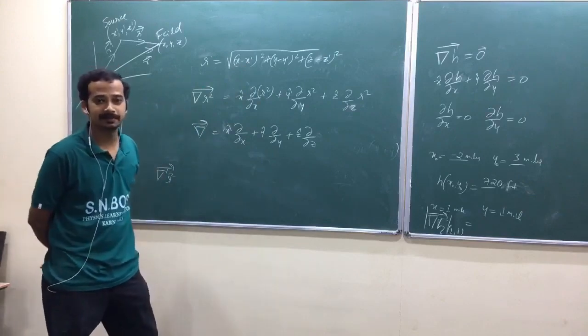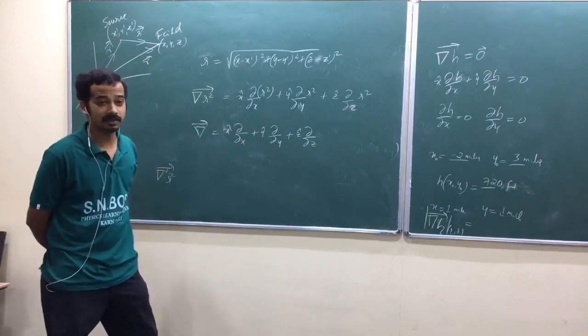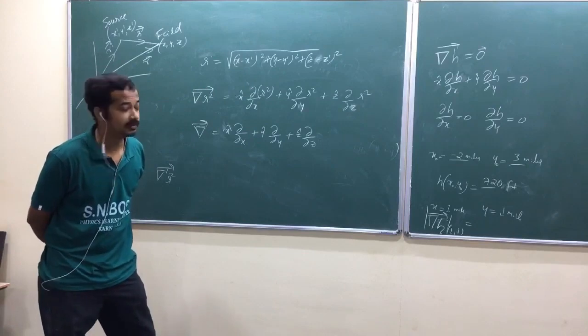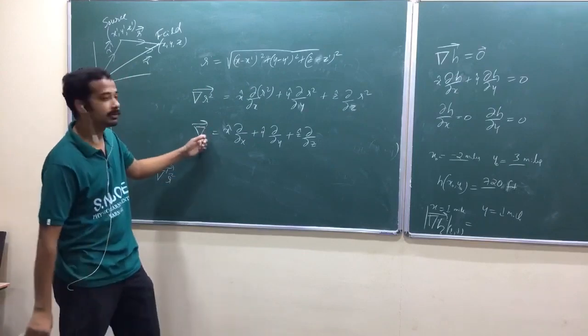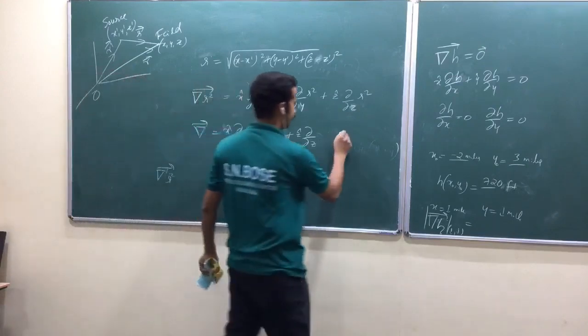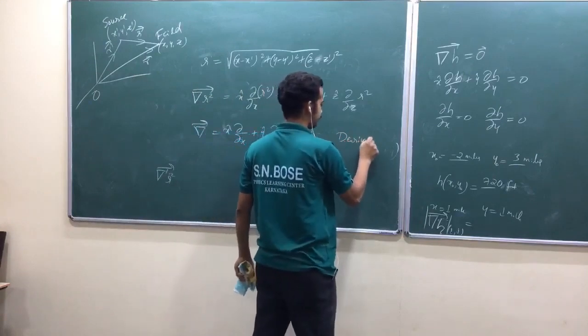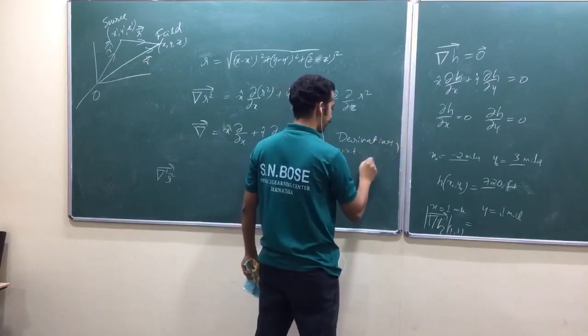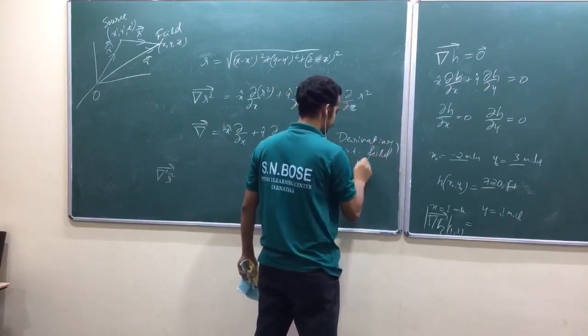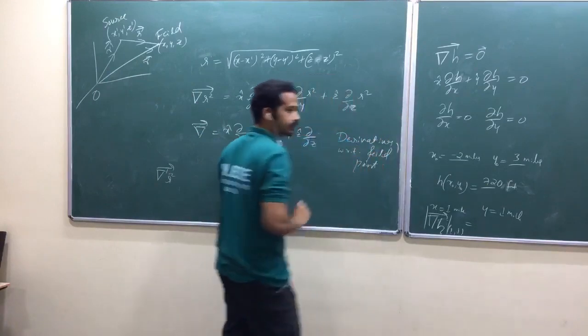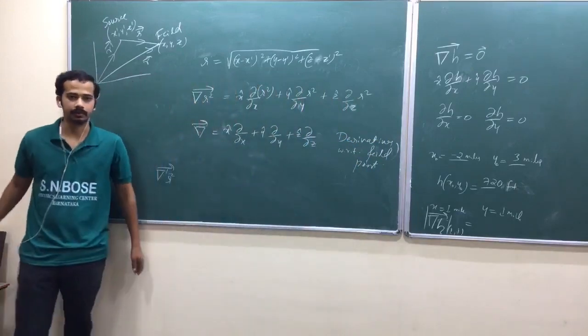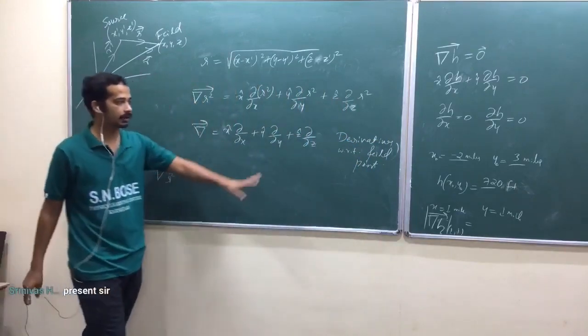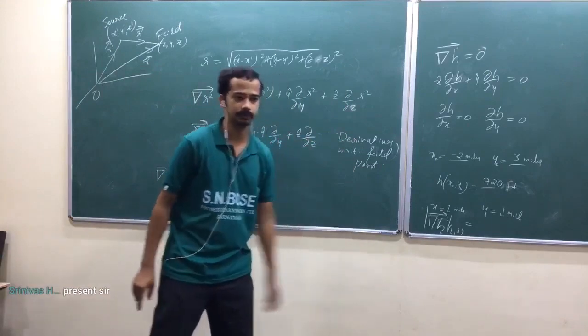What did I say? Derivative with respect to field point. Write down, derivatives with respect to field point. Up to the 2nd and 3rd chapter, we will talk about derivative with respect to field point.